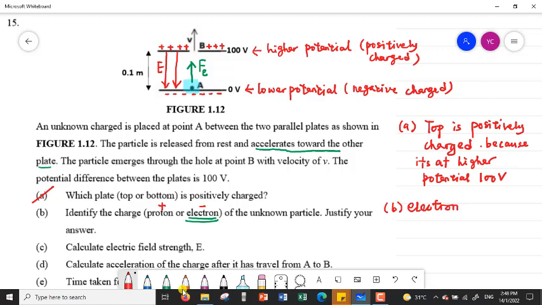Why? Because the electron accelerates upwards towards the positively charged plate.